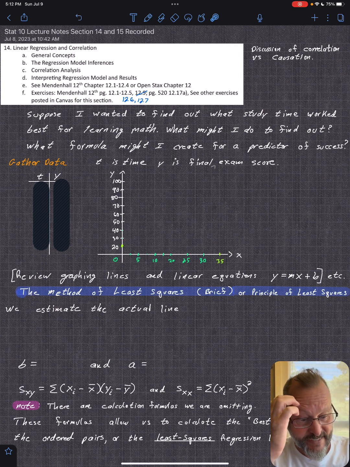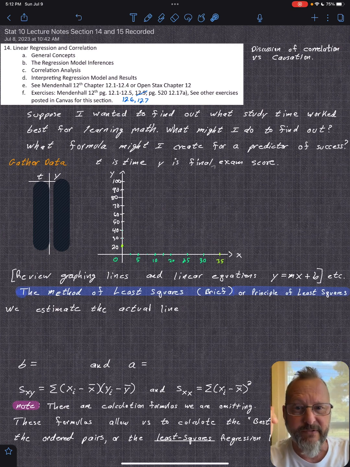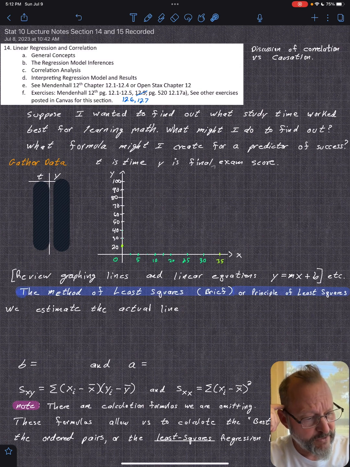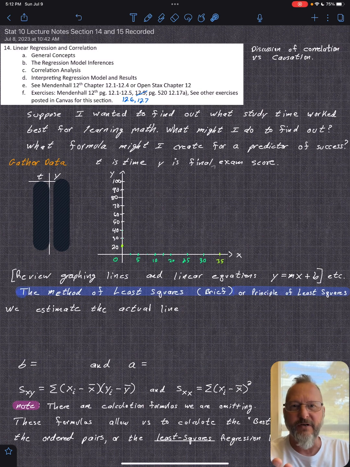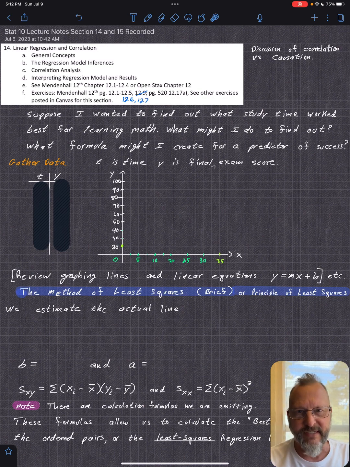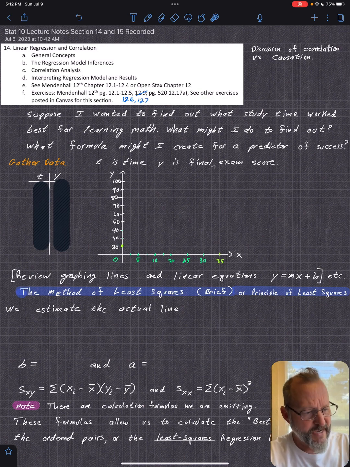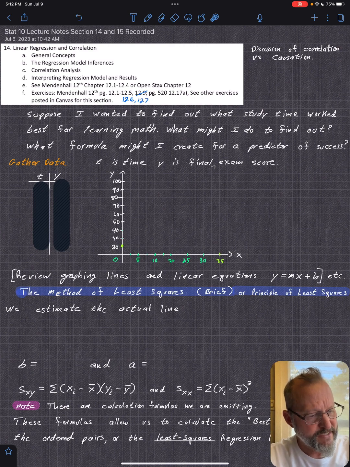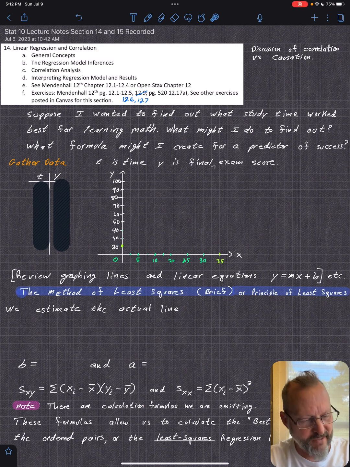So here's the idea, and if we've done it similar before, that's okay. We're doing it again. Suppose I want to find out what study time worked best for learning mathematics, or how about this stat class?